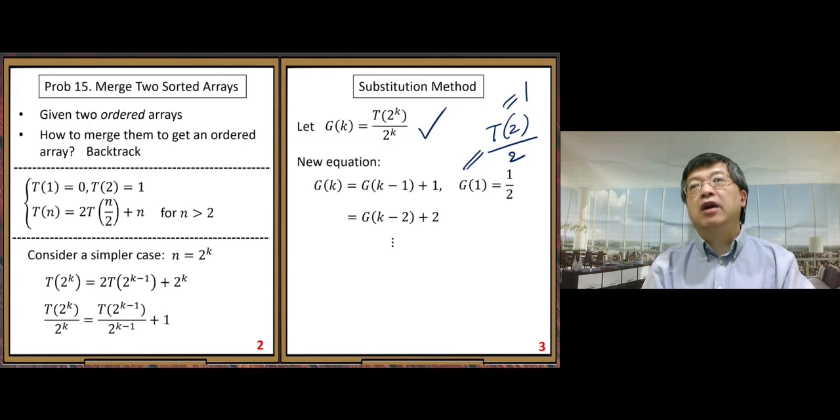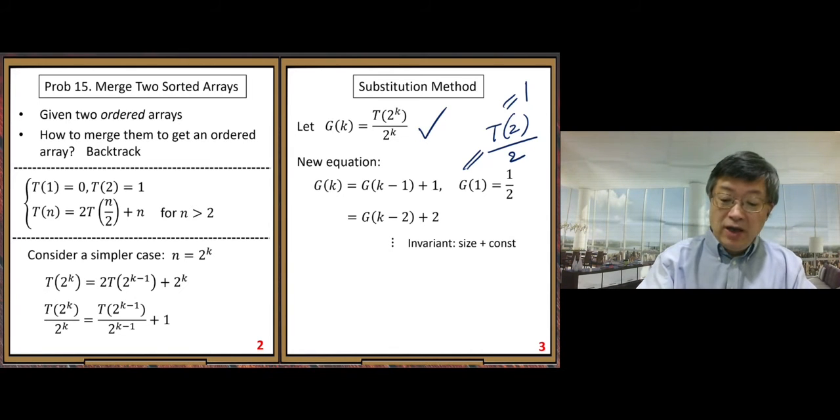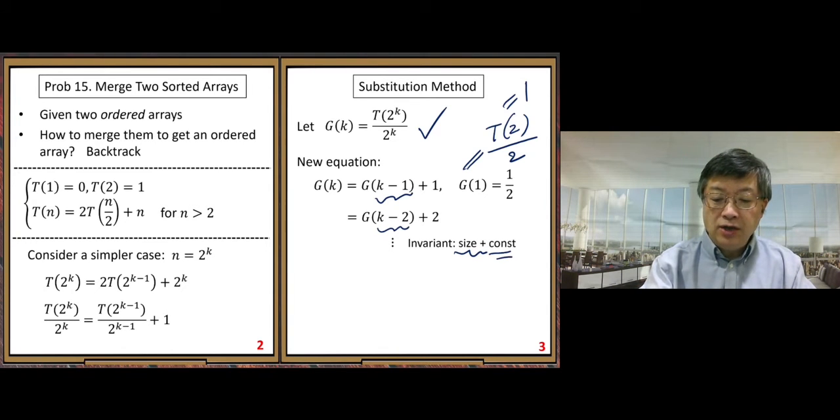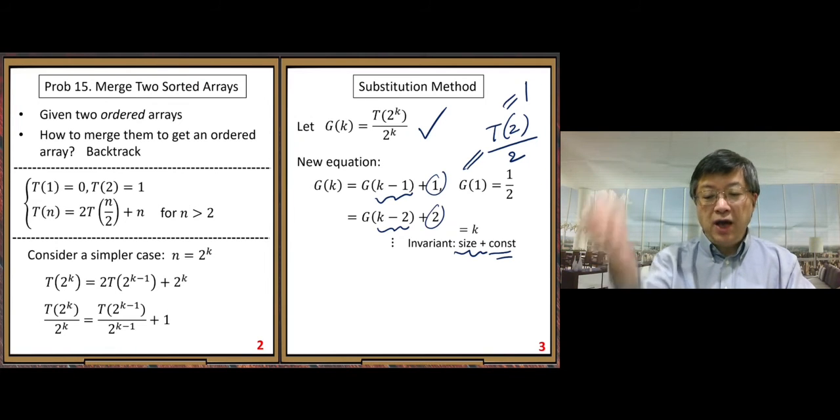But how do we keep track of all these equations? I used this method many times before: the invariant. What's the invariant? The size number here, k minus 1, k minus 2, plus its corresponding constant term equals k.